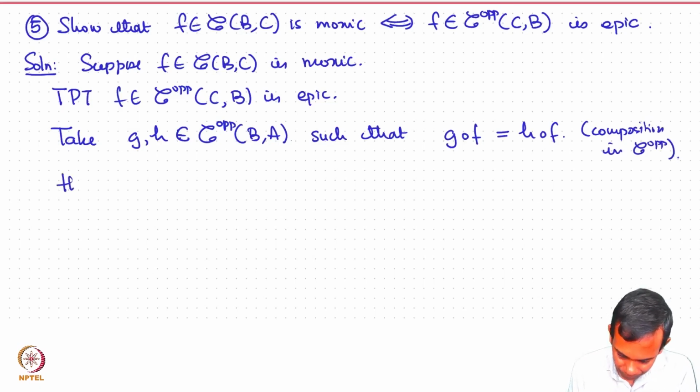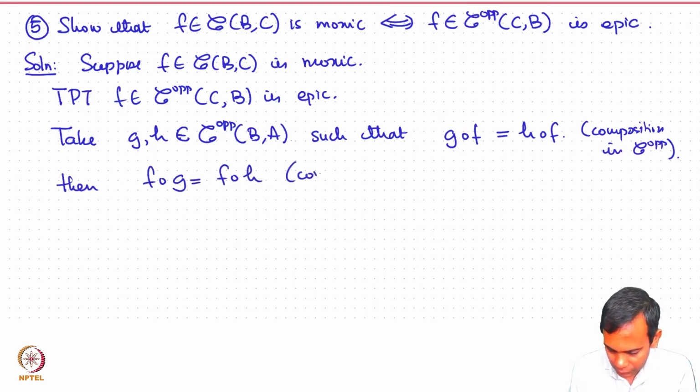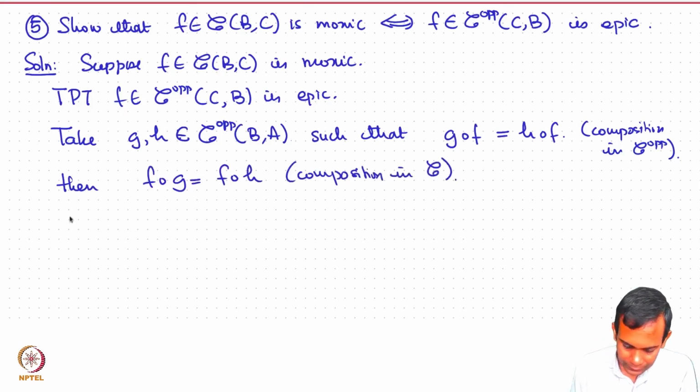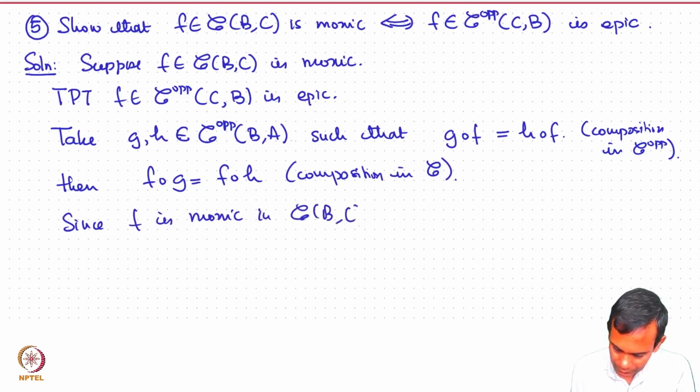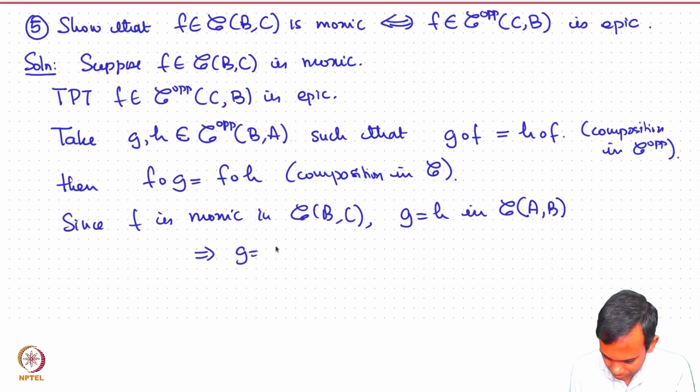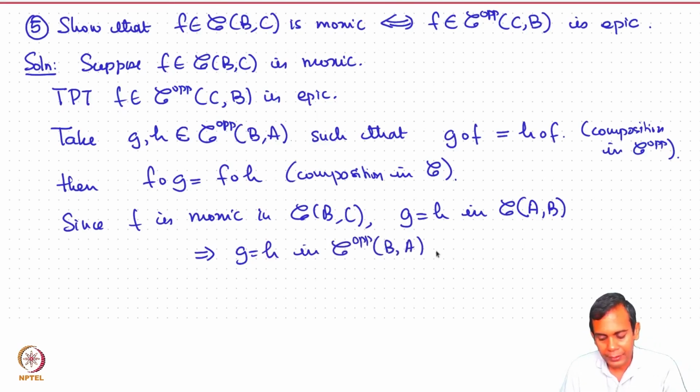Then F circle G is equal to F circle H. This is composition in C. And since F is monic, in C(B, C), what we have is G is equal to H in C(A, B), which is the same as saying that G is equal to H in C op (B, A), and therefore F is epic.